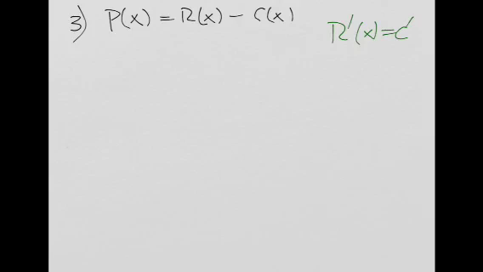Okay, so if I look at profit, profit is revenue minus cost. And I know in your text it says to just find the point where this equals this, or the derivative of the revenue equals the derivative of the cost, and that's correct, right?